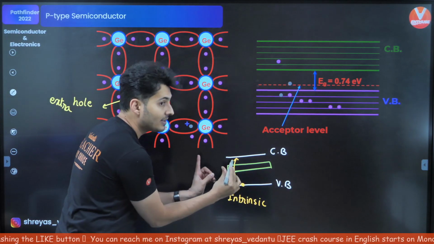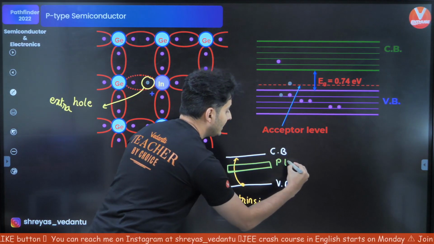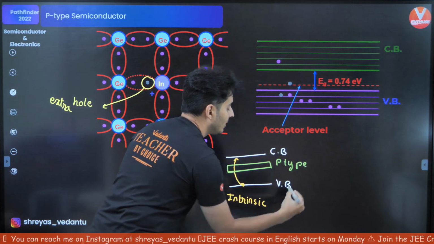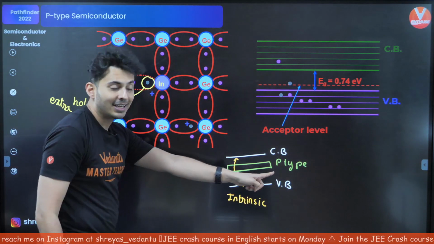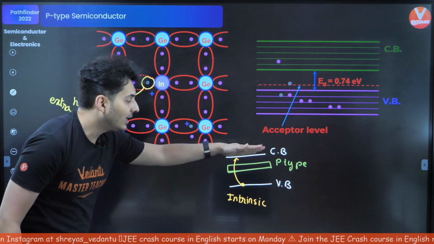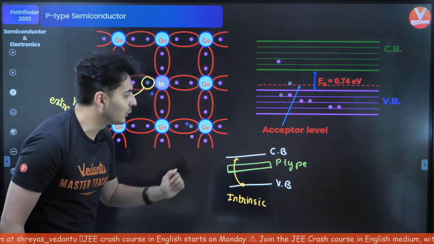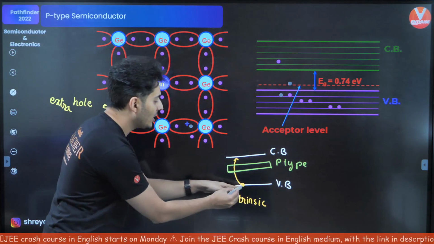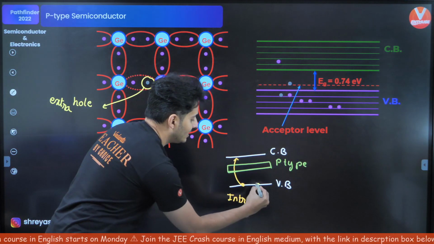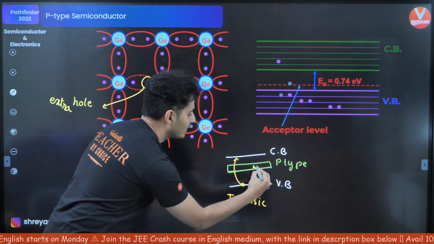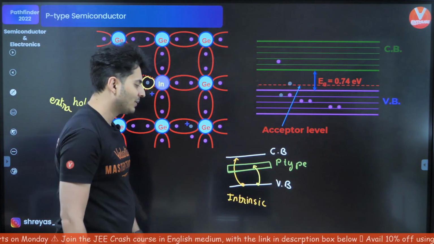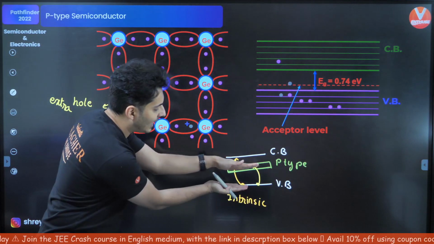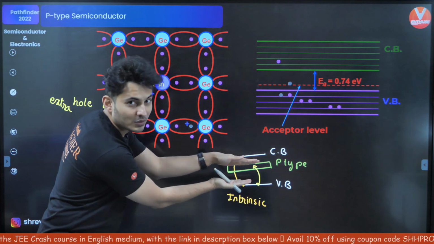This is not filled, this is vacant. This is P-type. I'm not shading it. So the empty shells come down. So instead of jumping from here to here, now even if it jumps from here to here, it is okay. This is for the P-type. So you can see the effective band gap has reduced.